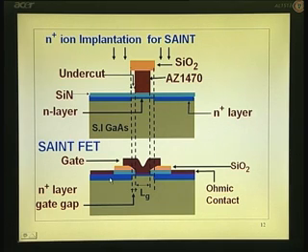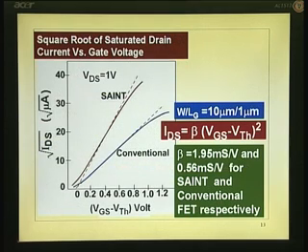The difference is dramatic. See the two slopes, root ID versus Vg minus V threshold. This is steep, you get much higher values of current for the same voltage, indicating that this factor beta is higher in the case of SAINT.